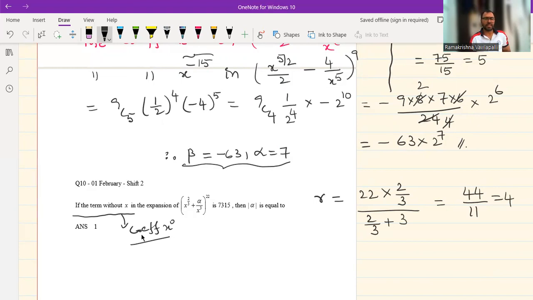So the term without x, which is nothing but the term independent of x, is equal to 22C4 into, here x^(2/3) coefficient is 1, so 1 to the power of 18, and alpha to the power 4, given as 7315.